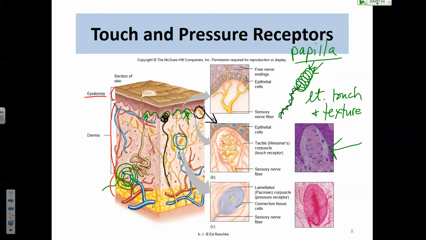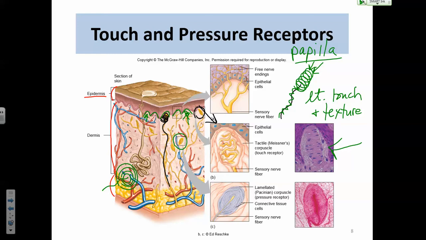It's called a Pacinian corpuscle, and its location in the skin is down low, deeper in the dermis, maybe even down in the subcutaneous layer, and it is activated again when it's squished, but it would take deep pressure to do that, or minute vibrations. I don't mean vibrations like this, just minute, almost undetectable vibrations could activate a Pacinian corpuscle.